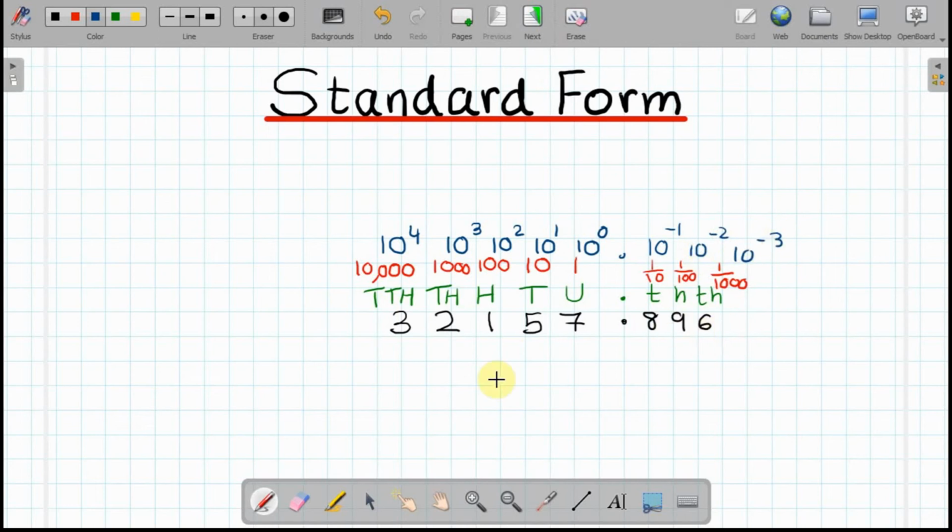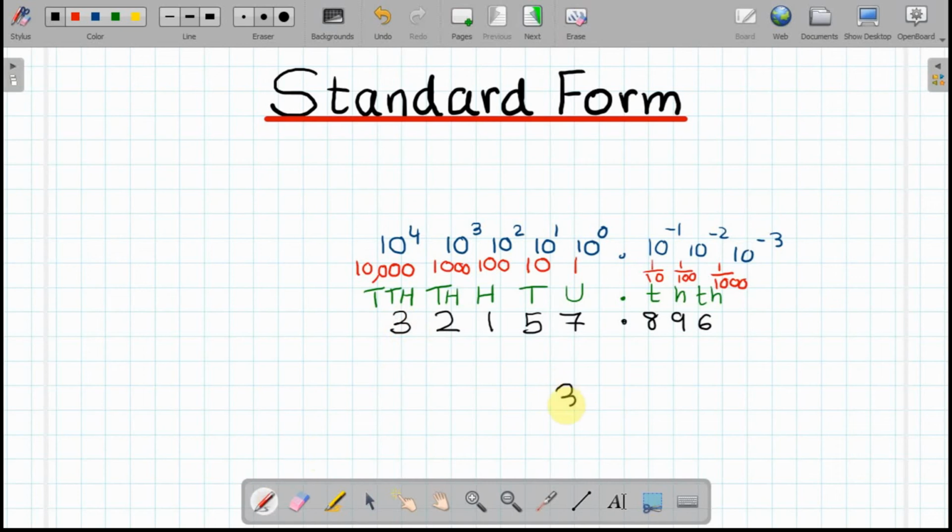So when I'm writing a number in standard form, I have to write it as a unit. So I look at the first non-zero digit from the left. In this case, the first non-zero digit from the left is the 3. I'm going to write it as a unit.